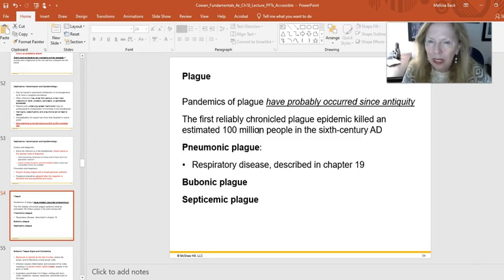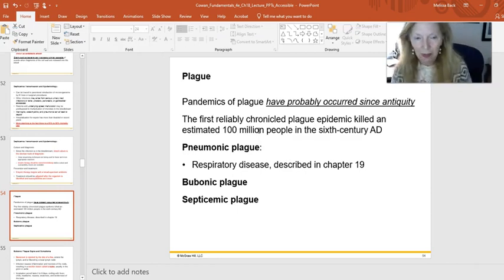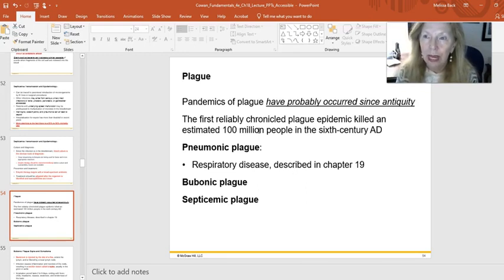But we understand that historically, the plague and the deaths and the devastation that was caused from the plague has actually shaped the society that we have today, because whole cultures were wiped out sometimes by this. We would have civilizations that would lose half of their populations during an epidemic of this particular bacterium.